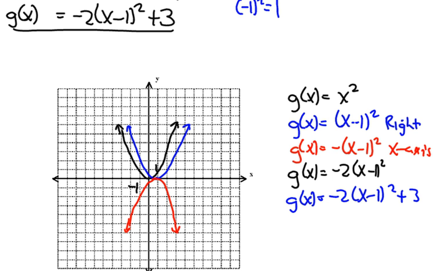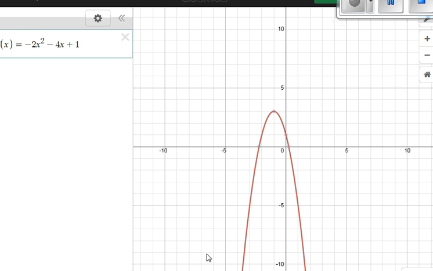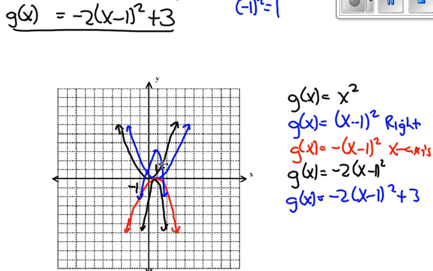All right, so now the 2, remember, that vertically stretches, but we know that's going to look narrower. And then the narrower graph, I'm going to move up 3. Okay, so let's compare this to Desmos then. As you can see, this in the red, and mine in the final blue here, similar, same vertex, same shape, pretty close.